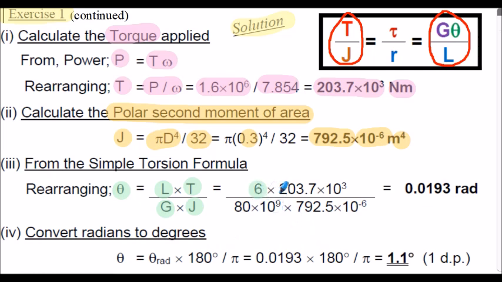Inserting the L, the T, the G and the J into our equation, that evaluates to a theta, angle of twist, of 0.0193 radians. Remember that the simple torsion formula always yields radians for angle of twist. Finally, to convert from radians to degrees, our angle in degrees will be the angle in radians calculated above, multiplied by 180 divided by pi. So from that calculation, the angle of twist is 1.1 degrees to 1 decimal place.